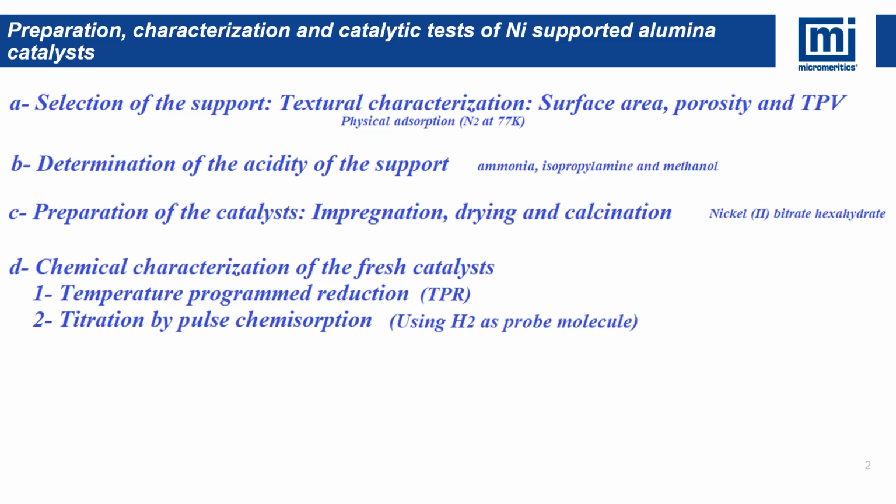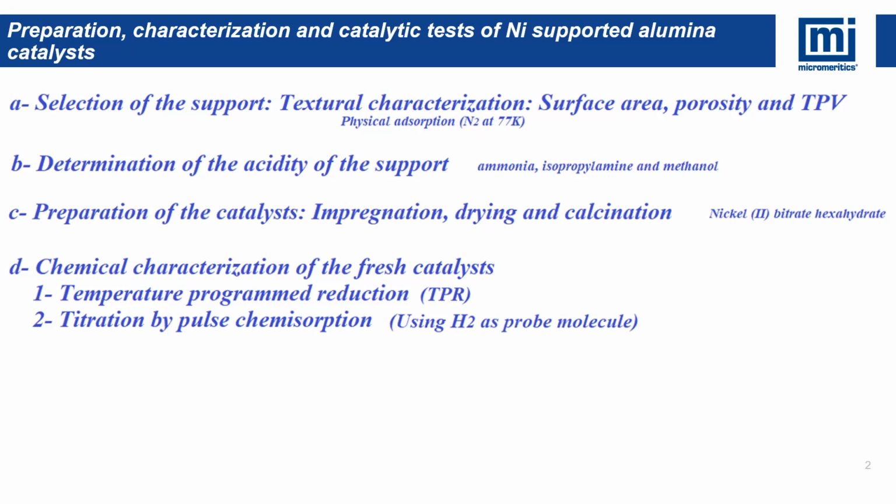Once we reduce the sample, we proceed with titration of the active species available on the surface. Sometimes it's not very important to know if we have 5% or 10% of oxide. What is important for us is to know how many of these active species remain on the surface, and that's called dispersion. These are accessible on the surface for the reaction.